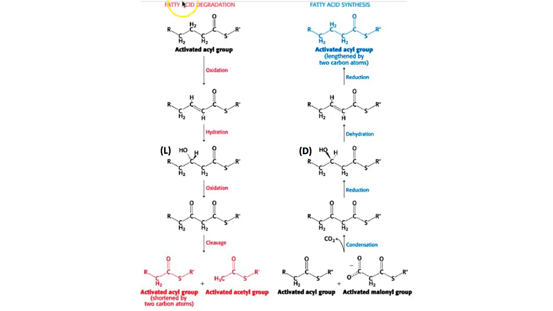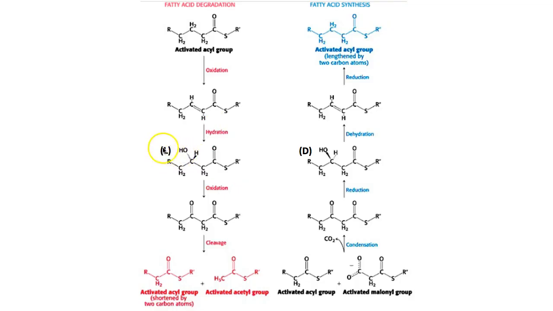And so once again, just looking at the steps with fatty acid degradation in comparison to the fatty acid synthesis that we spoke about earlier, just notice as you have that oxidation happen where the alpha and the beta carbon get that double bond, and then you have a hydration.